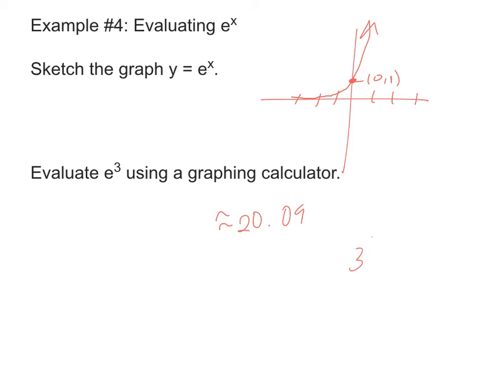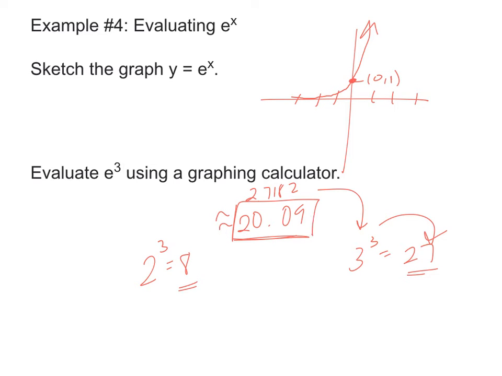Well, if it was 3 to the third, that would be 27. If I round it down to 2, 2 to the third is 8. Well, 20.09 does fall between 8 and 27, but since 2.7182 is closer to 3, the answer is going to be closer to 27. So this actually does make sense as the answer to this problem.